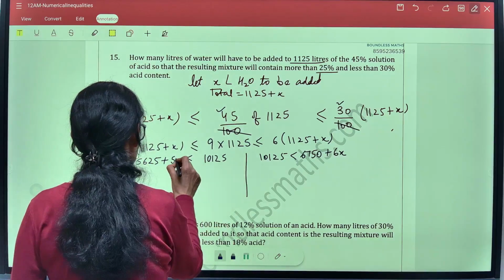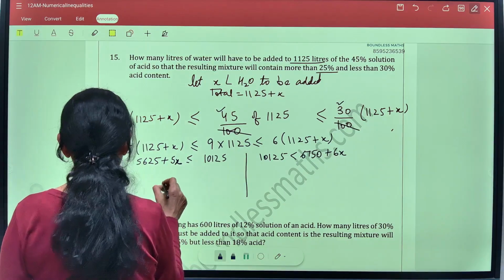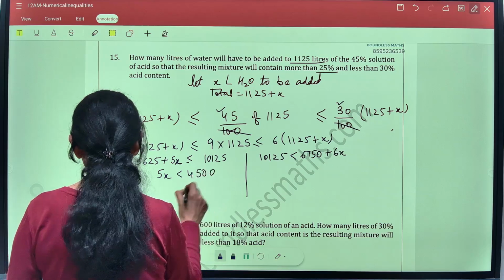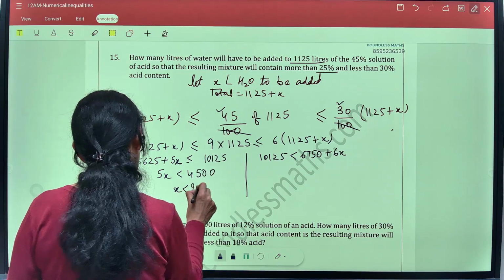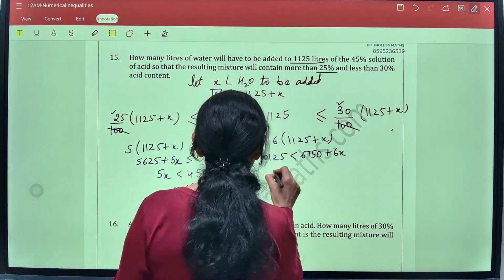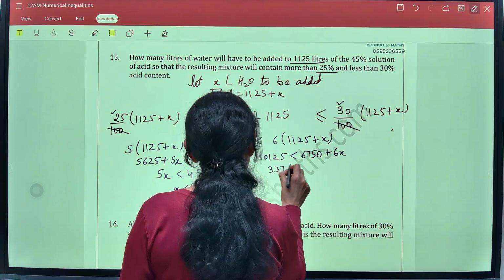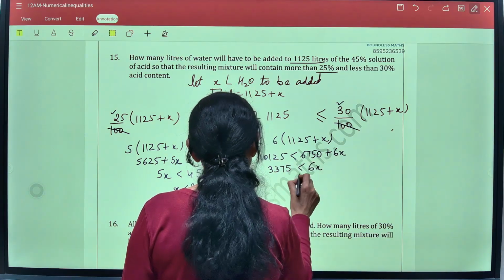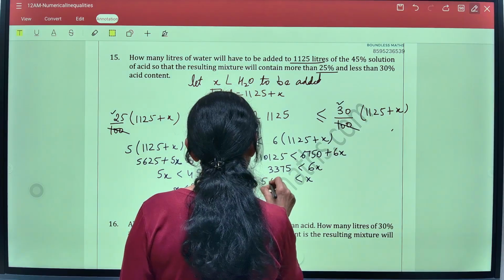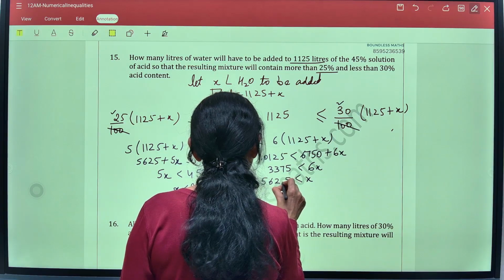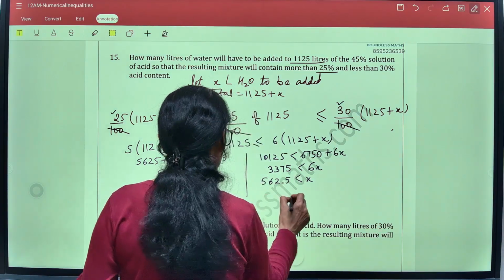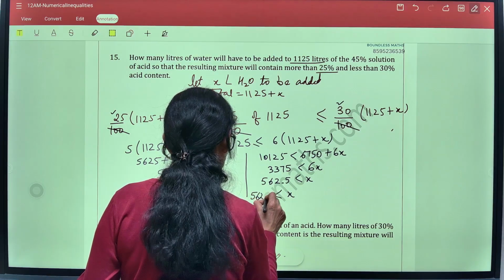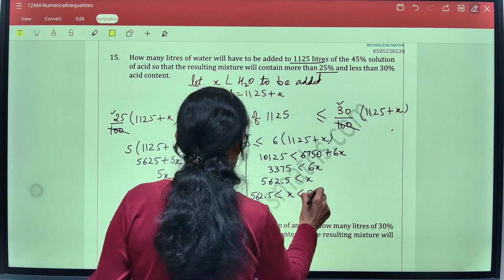Let's find the value of x from both the sides. So we have 5x less than 4500, x less than 900 here, and the second inequality gives you 3375 less than 6x. So that means x is greater than 562.5. So that means the value of x is more than 562.5 and less than 900.